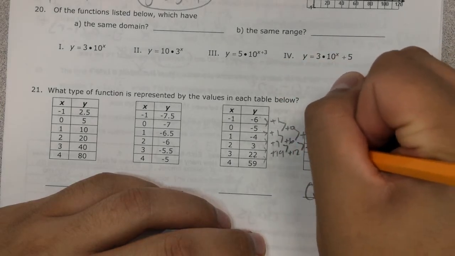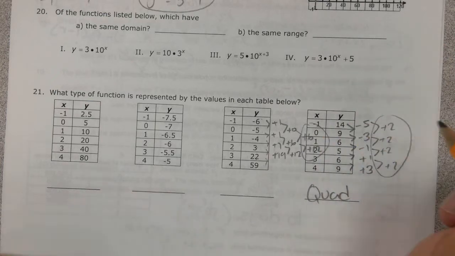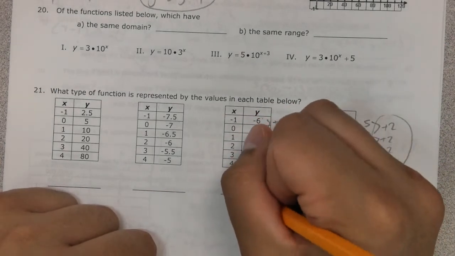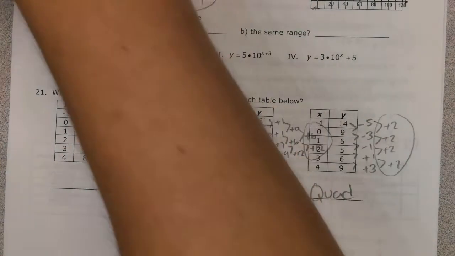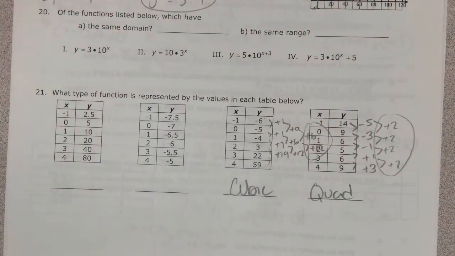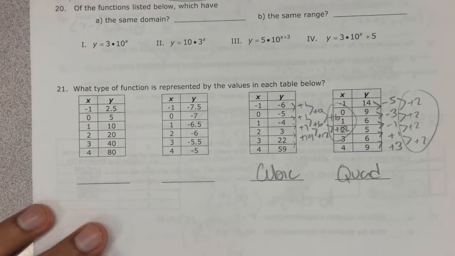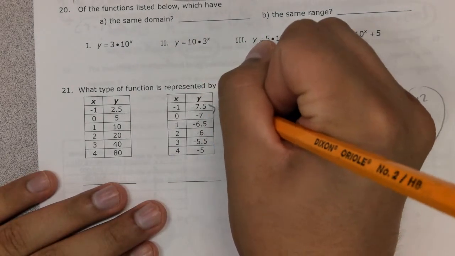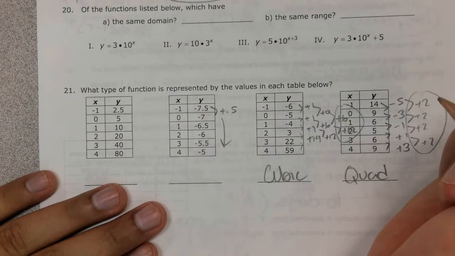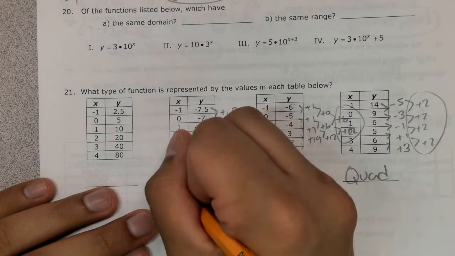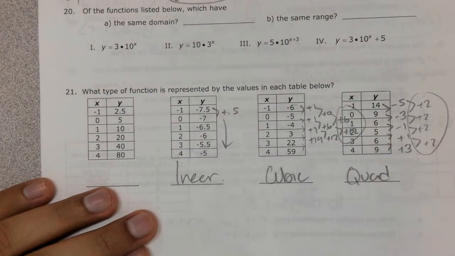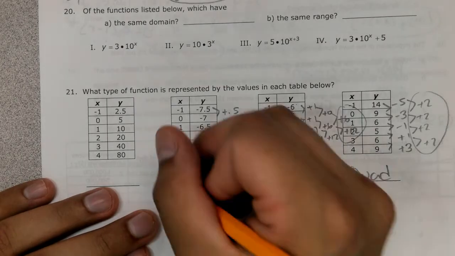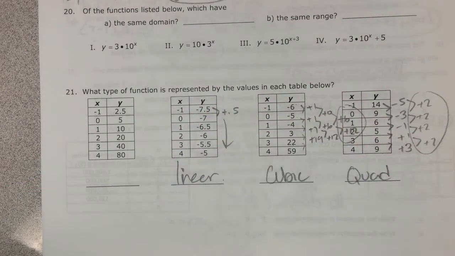Plus 6, plus 12. This is the third one, so cubic. Alright, and then for the next one, it's all just plus 0.5 for all of them. Linear. It's a linear function.